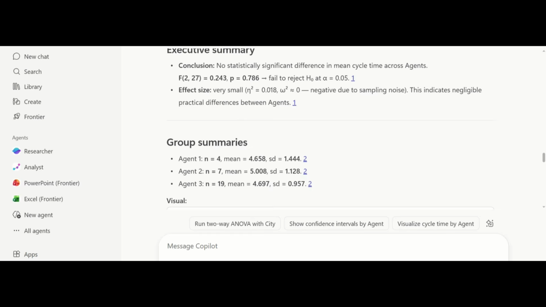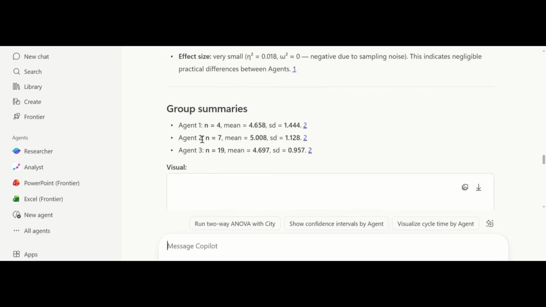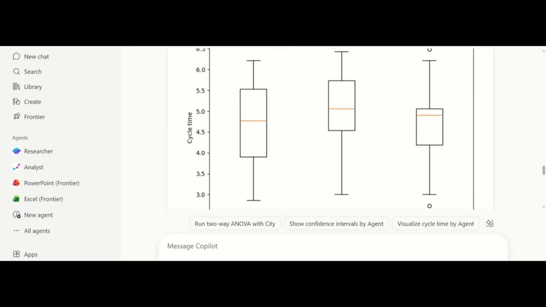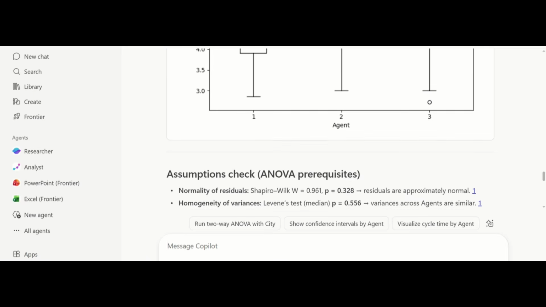Here is the result. The p-value is 0.786, which means it fails to reject H0 at alpha equal to 0.05, which is excellent. And what it suggests is the same analysis which was done. Agent 1 is 4.6, agent 2 is 5, and agent 3 is 4.6 again as the mean cycle time. And it has also created the box plots, which is excellent.